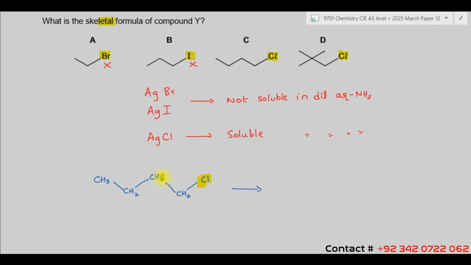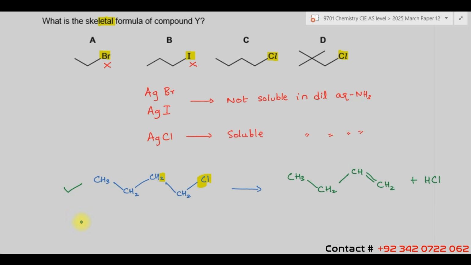From the adjacent carbon, one of the hydrogens will be removed, and there will be a double bond between these two carbons, and HCl is going to be removed. So product formed will be CH3, CH2, CH double bond CH2 plus HCl. So it can form alkene.